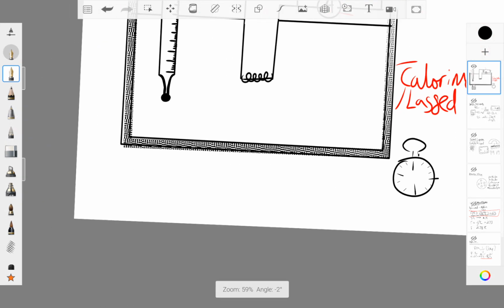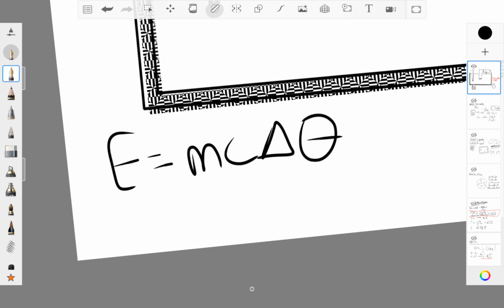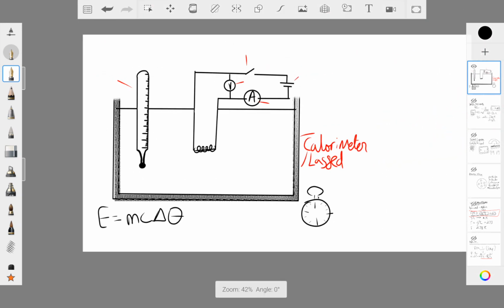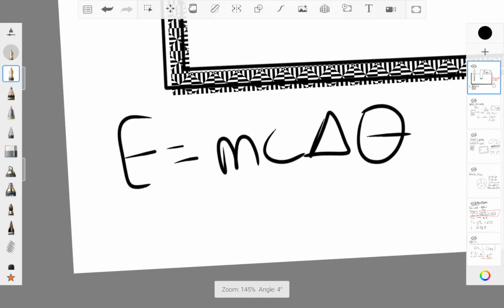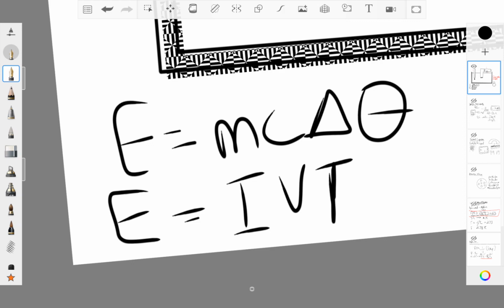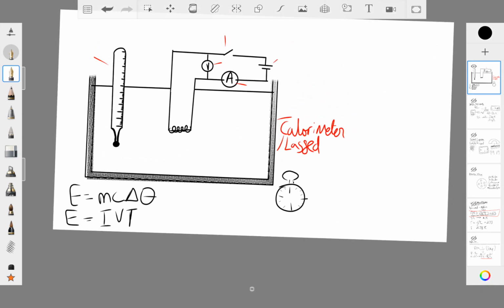Now, we know that E is equal to mcΔθ, mcθ, especially when relating to heat energy. When relating to electrical energy, E is equal to IVt. This is a formula that we'll highlight again when we get to electricity and magnetism, which is section 4. But for now, just remember that E is equal to IVt.